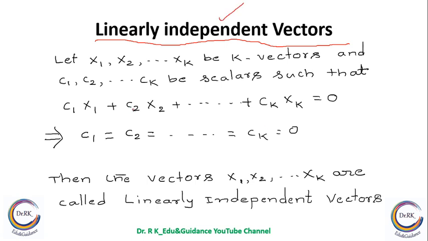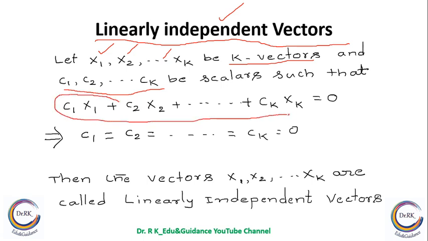So x1, x2, so on xk are k vectors, the corresponding scalars are c1, c2, so on ck, and the linear combination c1 x1 plus c2 x2 plus so on ck xk equal to 0 implies c1 equal to c2 equal to 0. That means all the scalars are zeros, then they are called linearly independent vectors.